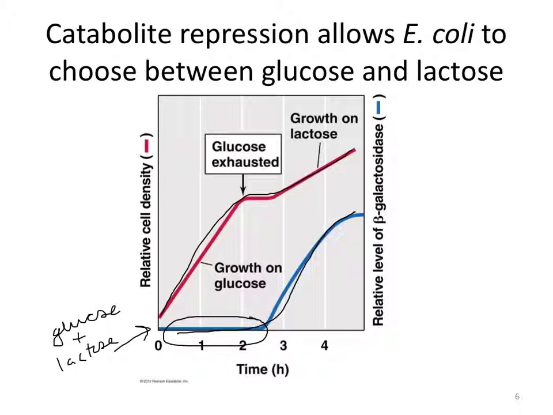But at the point in time where glucose is exhausted, in other words, the cells have consumed all of the available glucose, leaving them the choice of either not growing or choosing to grow on lactose, and of course they're always going to choose to grow, now we have a different story. Now we have low glucose, which means high cyclic AMP, thus high cAMP-CAP complex, which will be attached to the activator binding sequence, the little blue CAP site shown on the previous slide.